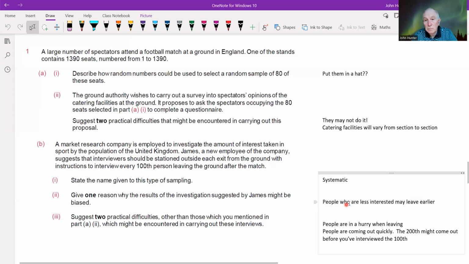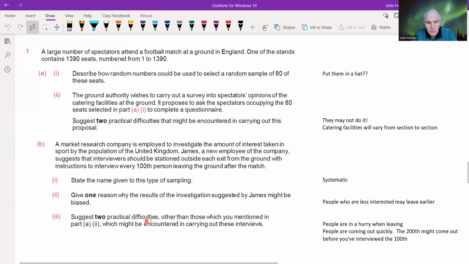So by the time you got to the 100th, you've got somebody who is more interested, and then you miss the 101st, who is less interested, the 102nd, 103rd, and so on, and you get the 200th. So there might be that sort of characteristic of that data. We don't know. If we don't do it randomly, we're liable to suffer any of these things.